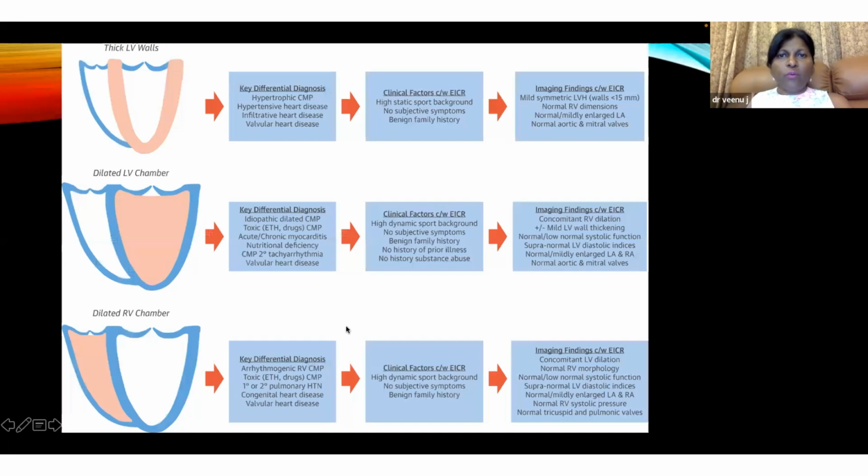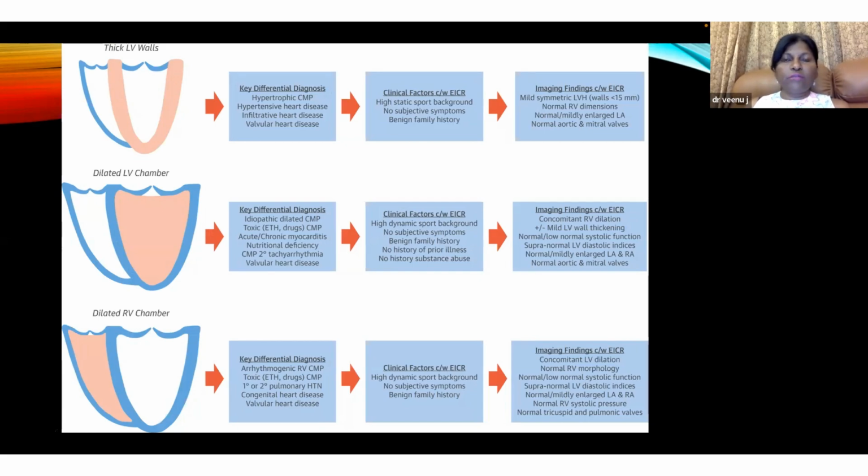So when we see a patient with exercise-induced cardiac remodeling, as we see here, either a chamber enlargement or concentric hypertrophy, we will look at the echocardiography next. When we look at the echocardiography, we are going to be looking at the thickness of the LV wall. Normally in an athlete, thickness will not be more than 15 mm.